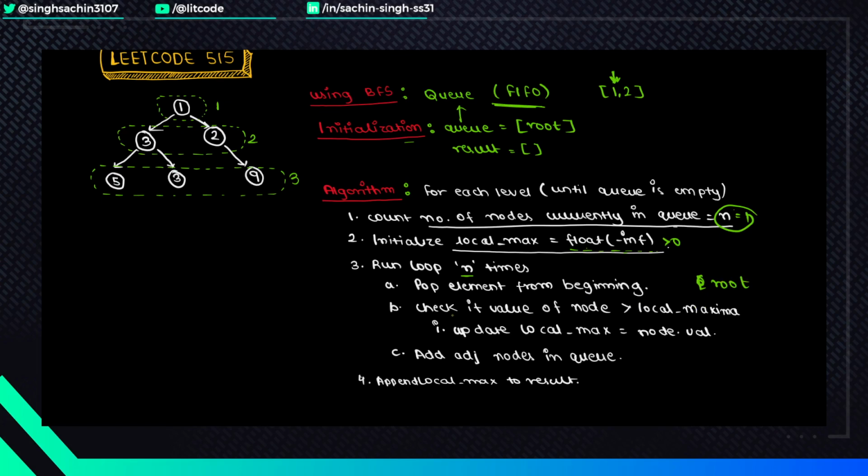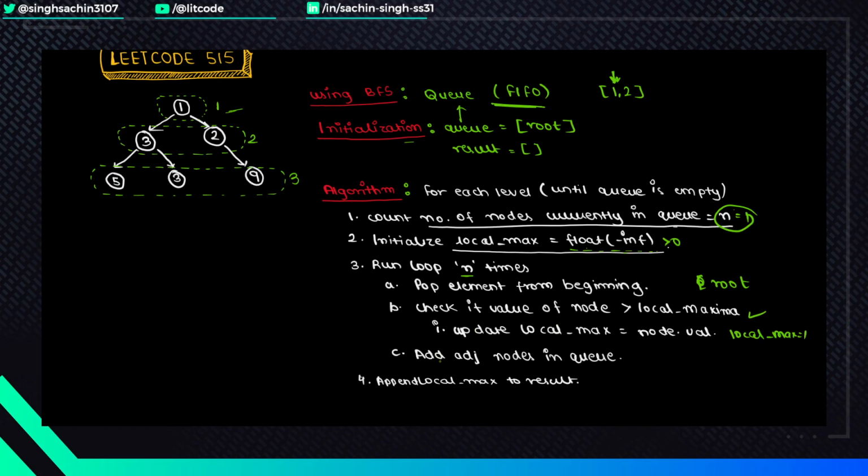Next, we'll check if the value of the node is greater than the local maximum or not. For now my local maximum was minus infinity, and in level 1 the value was 1, right? So yes, this condition is satisfied. So we'll update our local maximum to 1. So this is done.